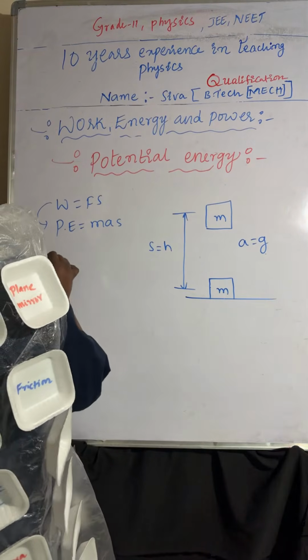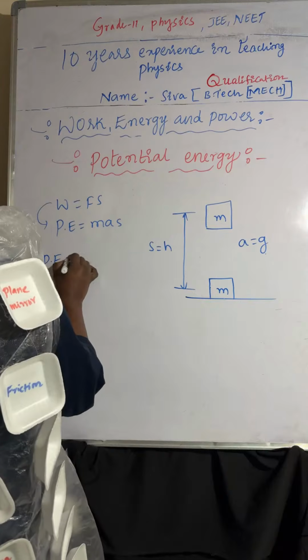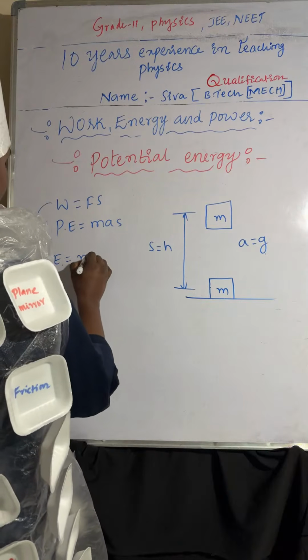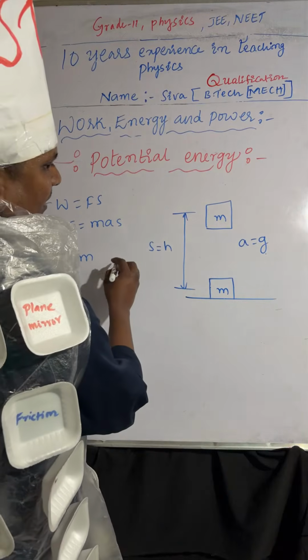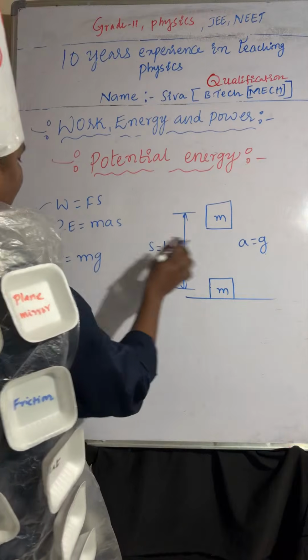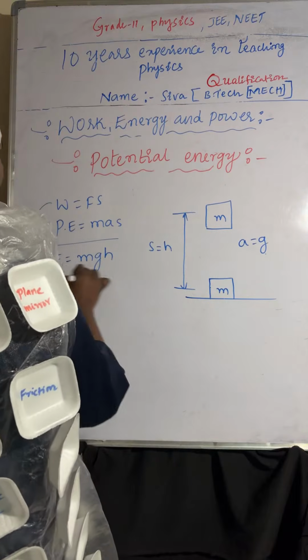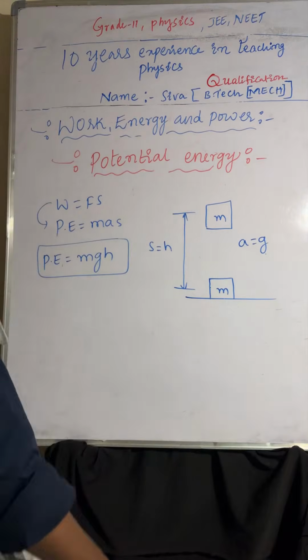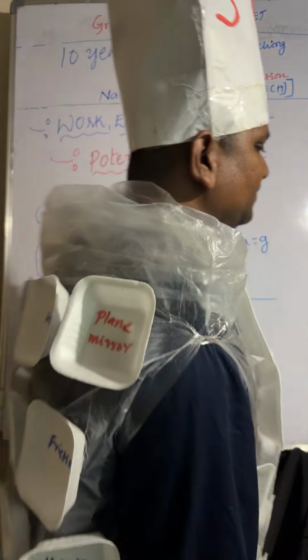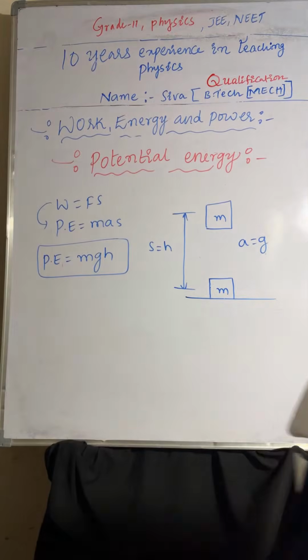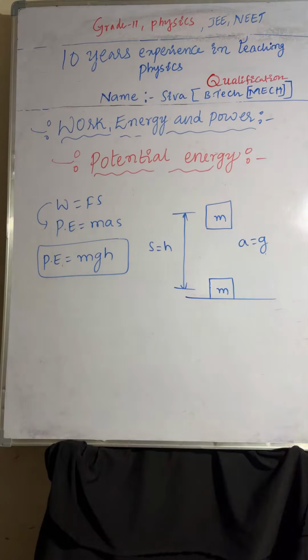So P equals m, and a is nothing but g, because the body is moving against the acceleration due to gravity. So P equals mgh. Understood or not? I hope it is very clear.